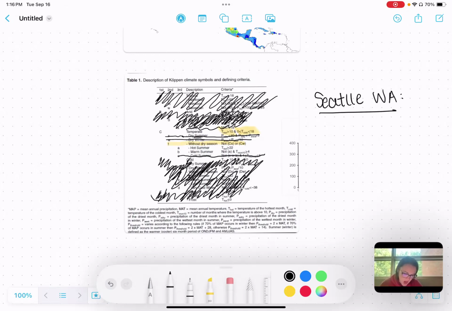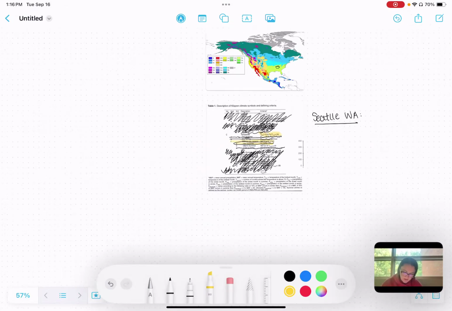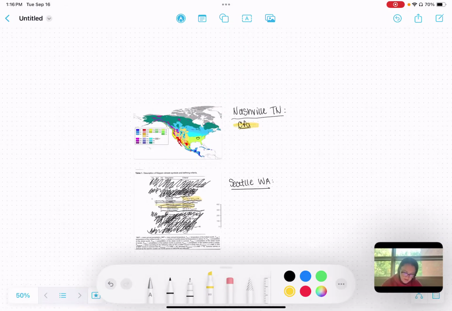So T hot is greater than 22. We said earlier that our temperature, I should have written this down, we'll do that for the next one, was in the 80s Fahrenheit, which is around 30 degrees Celsius. So that is hotter than 22. That makes it a hot summer, which brings us back up to this CFA.